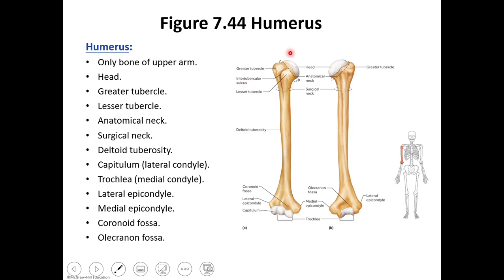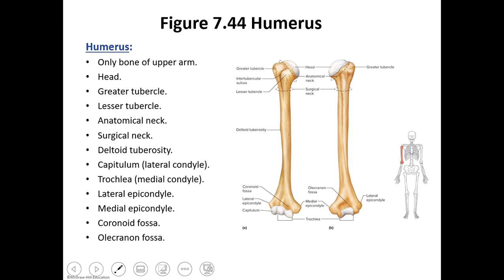There's an anatomical neck, which sits right here behind the head, and a surgical neck that sits below the tubercles. The deltoid tuberosity. It's a bump that sticks out on the lateral side of the bone.